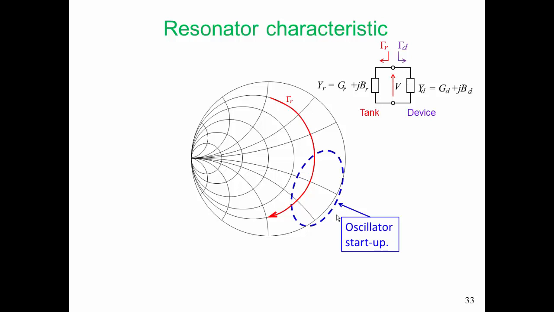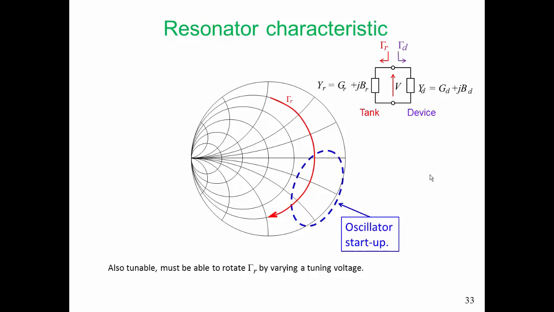And we need that condition for the oscillator to start up. That is, we want our reflection coefficient for the resonator network to indicate that we have a capacitance looking into it, or at least a capacitive susceptance with a little bit of conductance. So we want to be in that region.